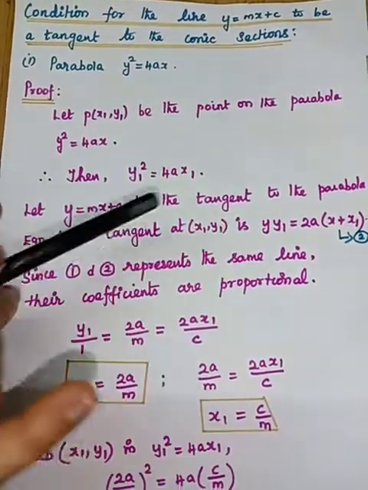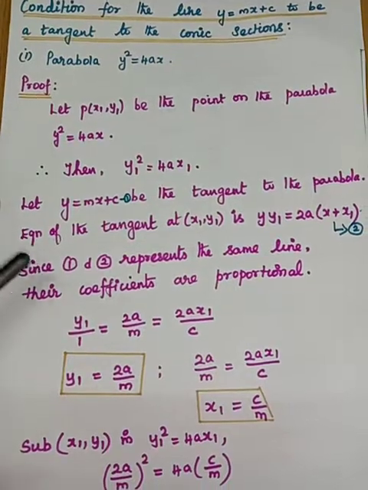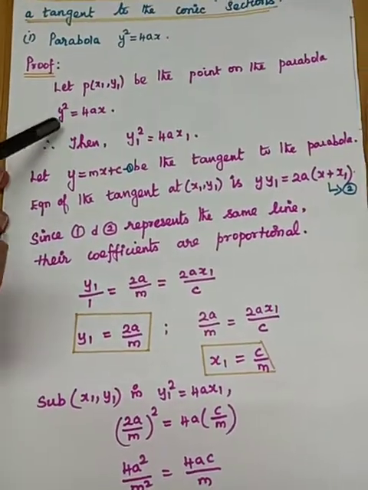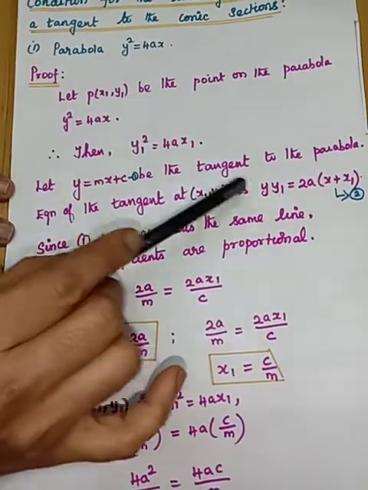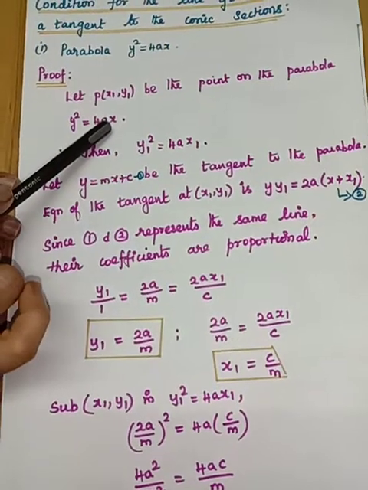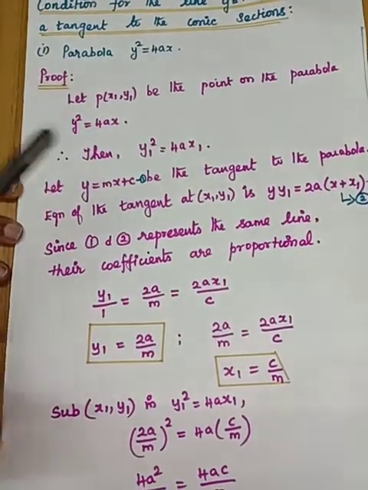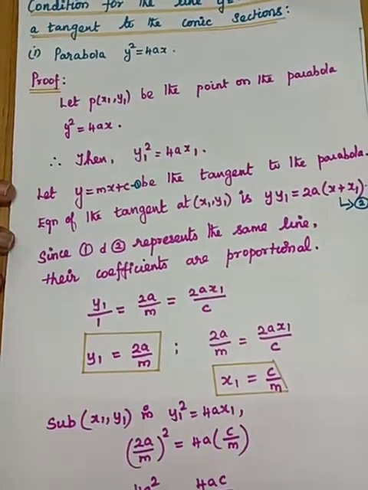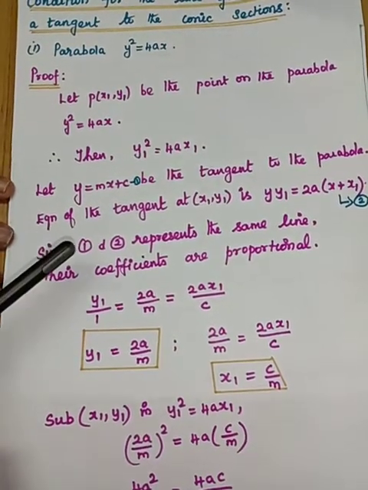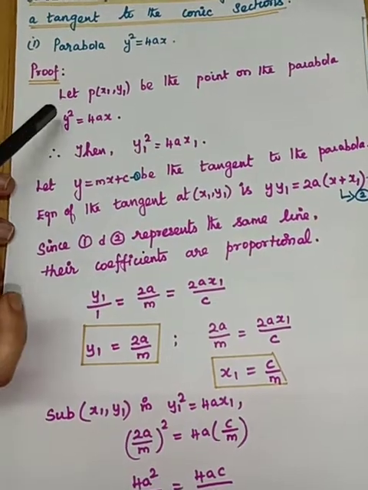In the previous videos, while we were taking the circle, I explained this. y² has to be replaced by yy1 and x has to be replaced by half into (x + x1) to find the equation of the tangent at (x1, y1) to the parabola.